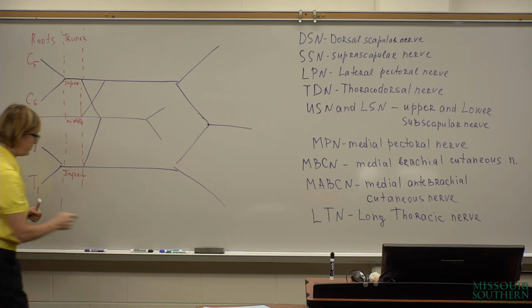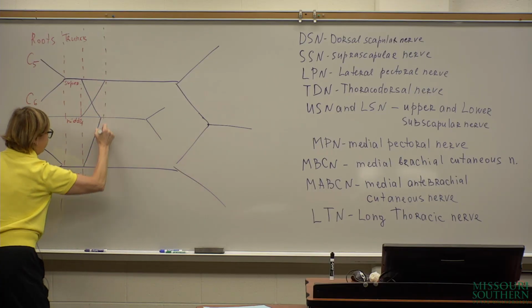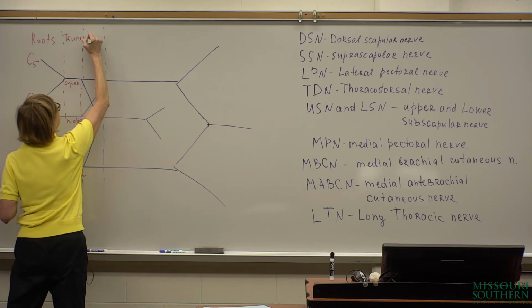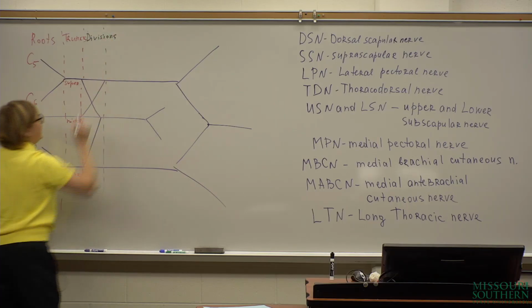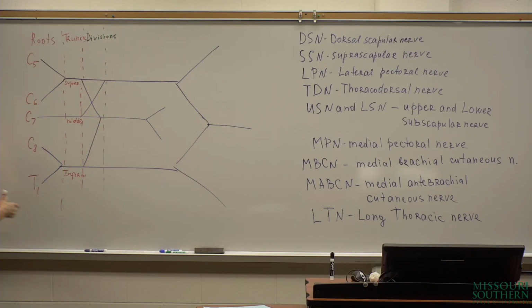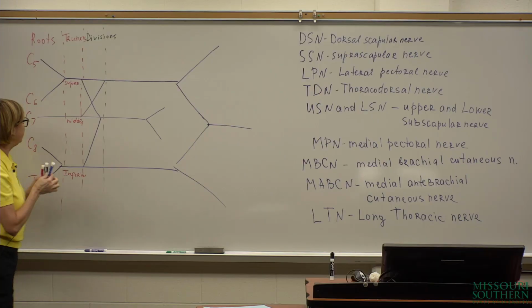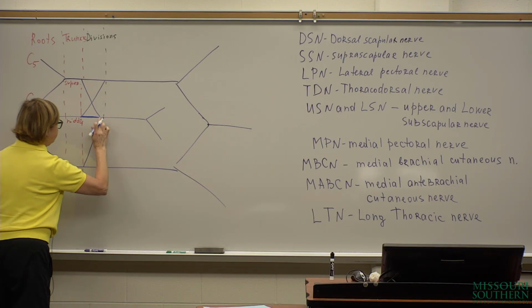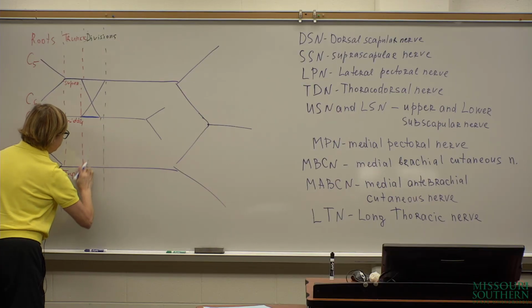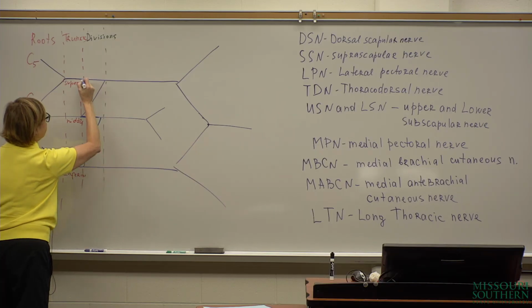Divisions. I'm going to use a different color. So we have anterior and posterior divisions. I'm going to color coordinate them. I'm going to color all posterior divisions blue. So these are posterior divisions.